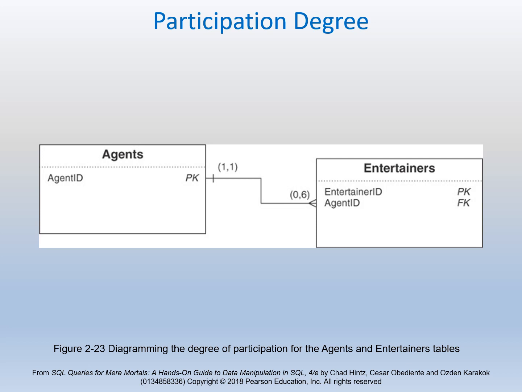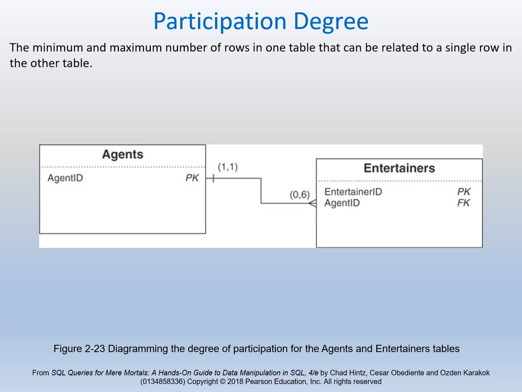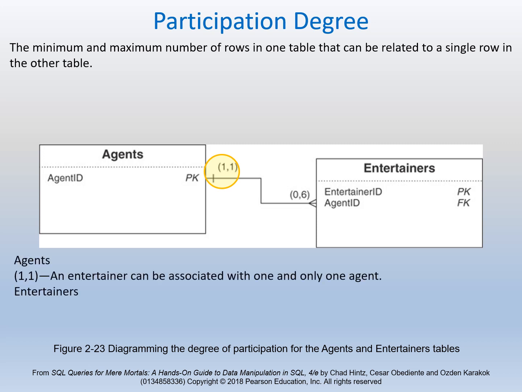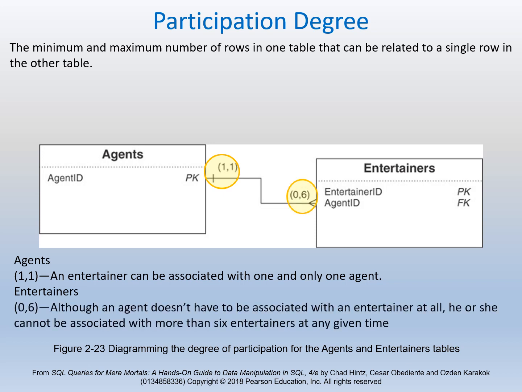I have covered relationship types, and I have covered relationship participation type, and now I'm going to cover relationship participation degree. It usually is indicated by a numeric value. In this example here, we have 1, 1, and in this example here with entertainers, we have 0, 6. What does that mean? An entertainer can be associated with one and only one agent. It's one on both sides.